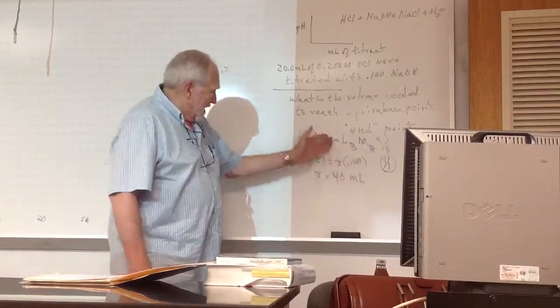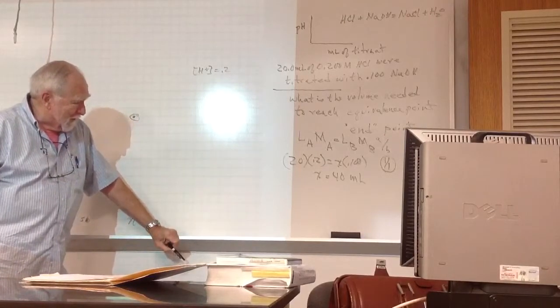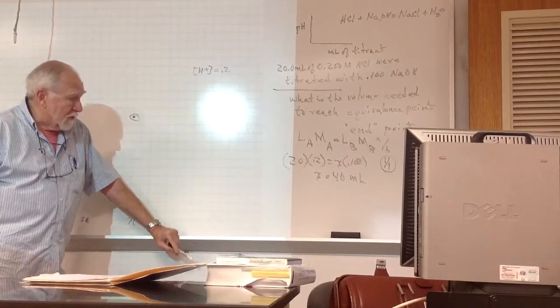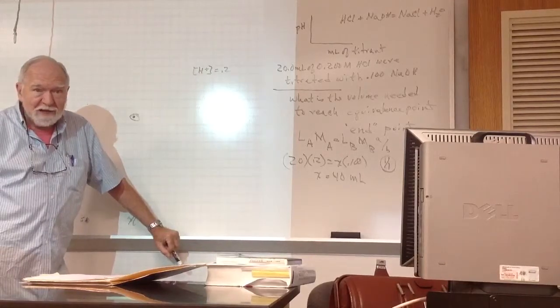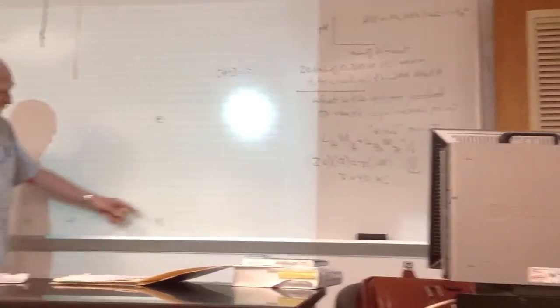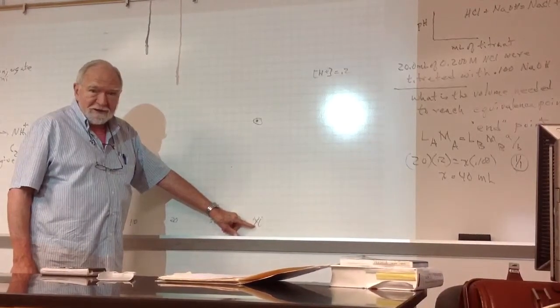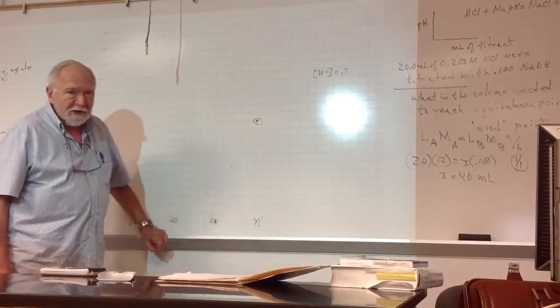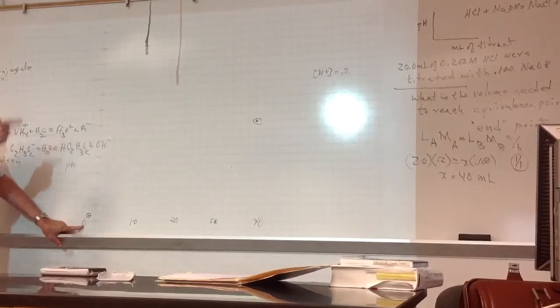Acid, base. I used A and B because those are most of the problems we do, but I could pick other letters. But that's essentially it. So I want to know what the pH is after I've added a certain amount of titrant. I said the assumption in these problems is the volumes are additive, but the volume of the solution is not going to be 40 milliliters here, right? Whereas down here, the volume of the solution isn't 0 because we started with 20 milliliters.